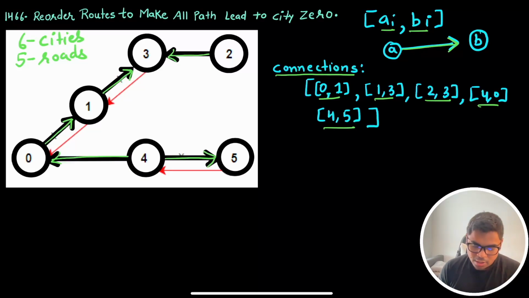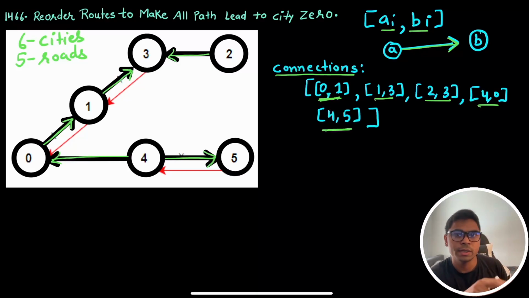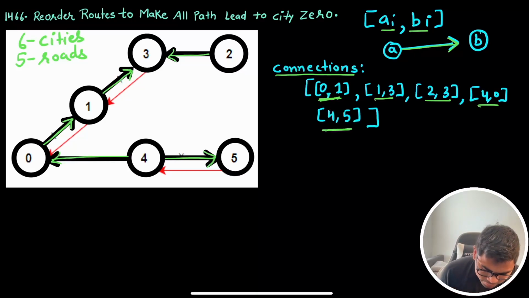Now in this network of cities, we need to find if there are paths, direct or indirect, from all the cities to city 0. Right now city 4 has a path to city 0, but city 1 doesn't have a path to city 0. So that is why we are flipping this particular road.